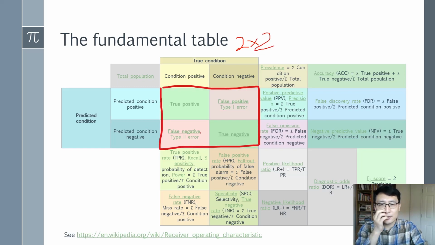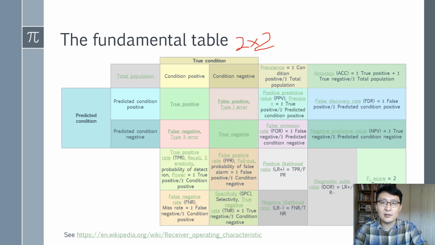Let's say the true condition has two scenarios. You're either truly immune, for example, or you are not immune. On the column, you have the predicted condition. It's a general term. In stats, when you say predicted condition, it doesn't necessarily mean forecasting; it could mean a test result.